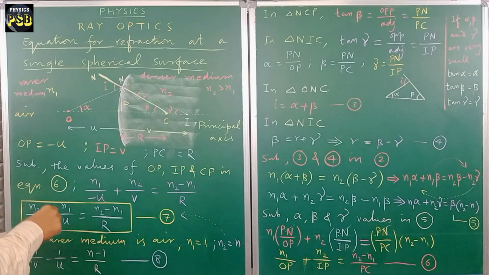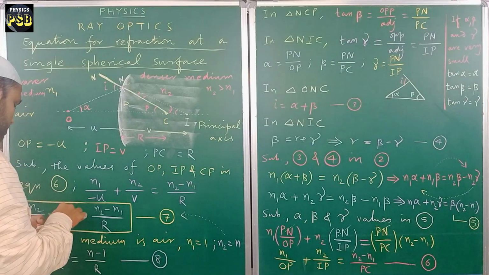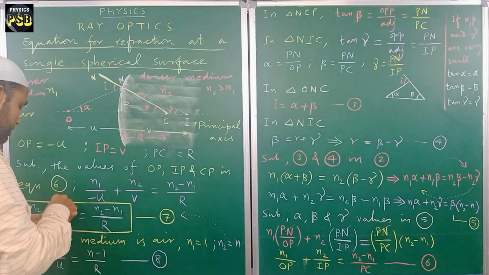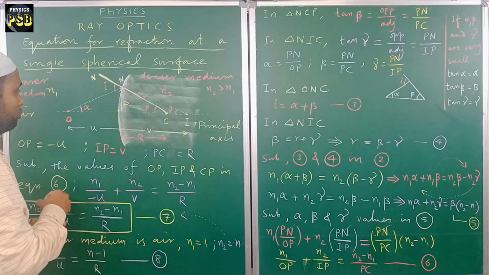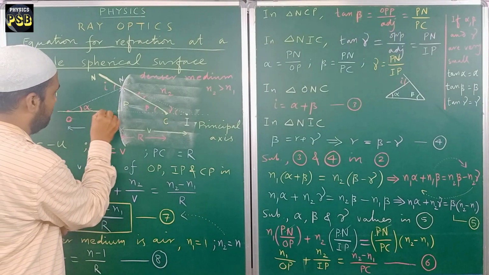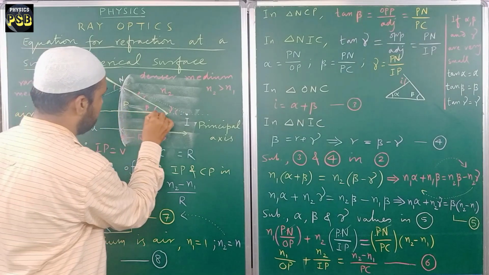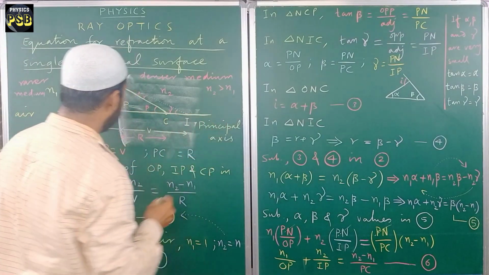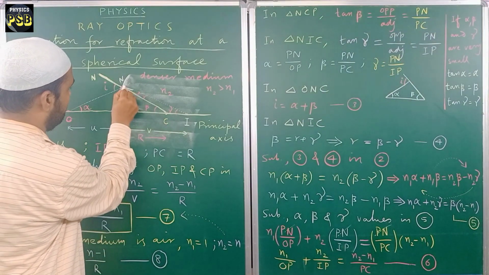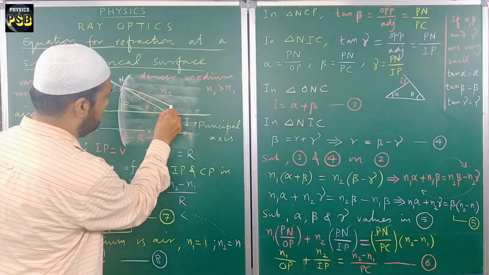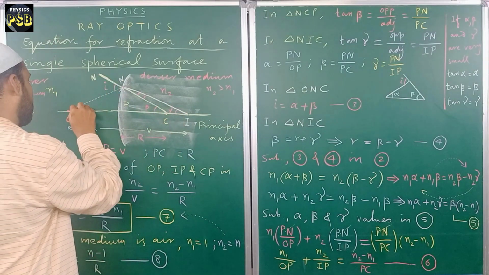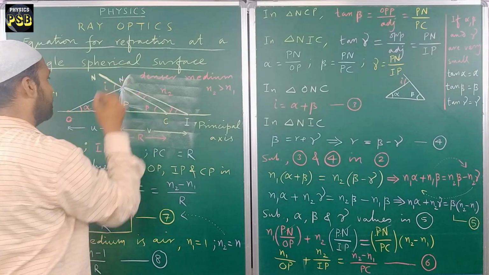Okay. Now before I conclude, let me make this diagram more prominent. Here this is the refracted ray, and this is the incident ray.